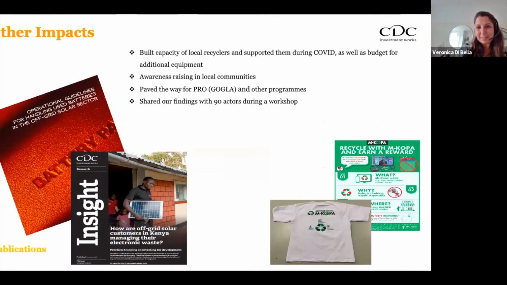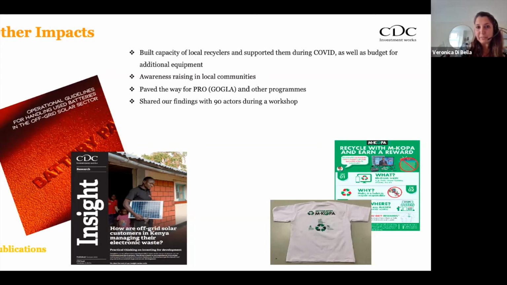In addition to these, I thought it was important to highlight some of the other impacts that the project achieved. First of all, we built the capacity of local recyclers, and we also supported them during a difficult time during COVID. We raised the awareness among the local communities in rural Kenya, but we also realized how important knowing more about health and environment is for the rural communities that we interviewed.